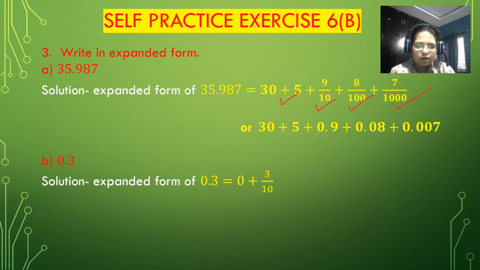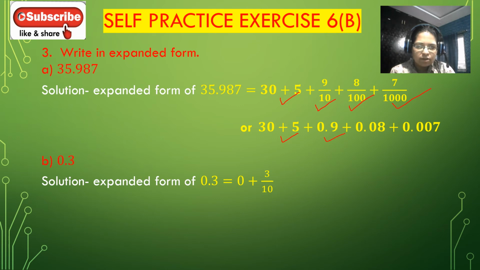Or you can write 30 plus 5, 9 divided by 10 is 0.9, plus 8 divided by 100 is 0.08, plus 7 divided by 1000 is 0.007. This is the expanded form of 35.987.